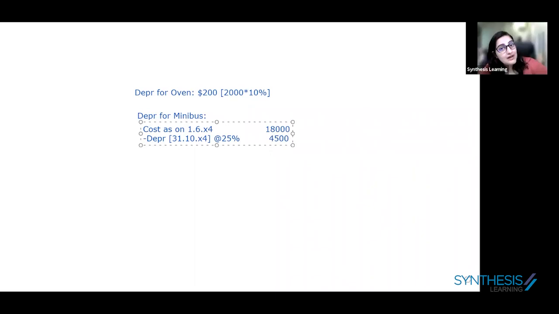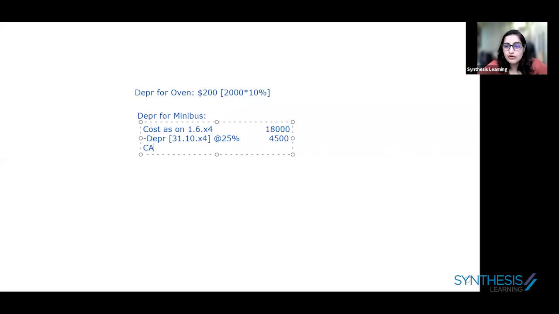Because we don't have to consider the period. They have clearly written that full year's charge in the year of purchase and no year's charge in the year of sale, right? Correct? So we take the full 4,500. Good. Nobody is confused.